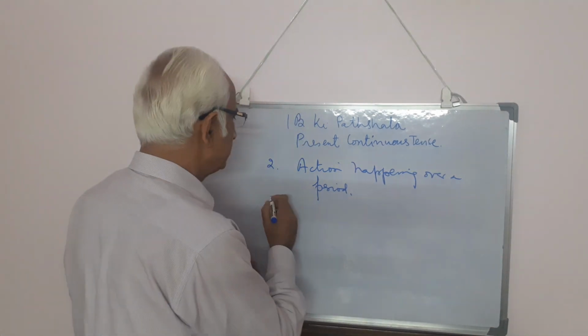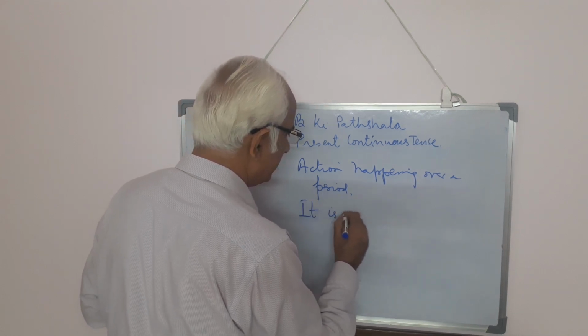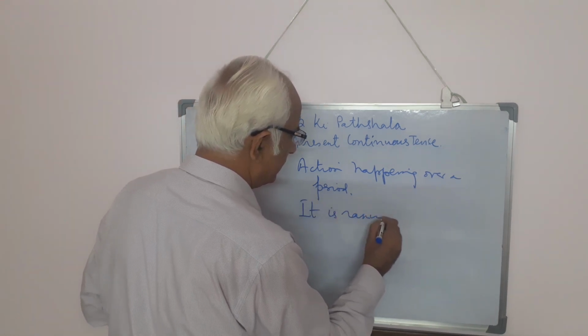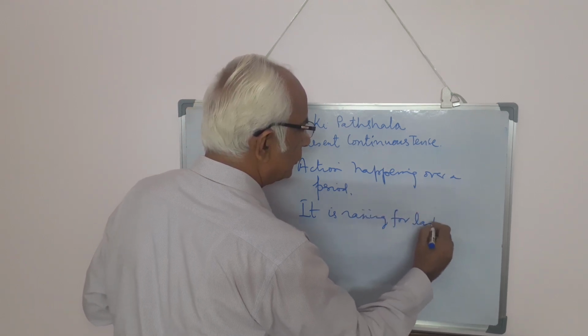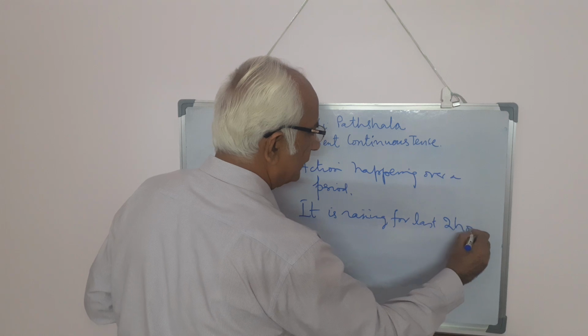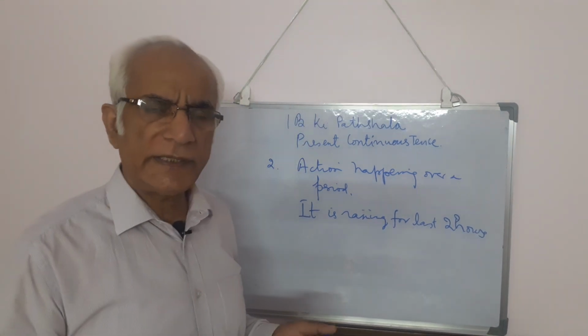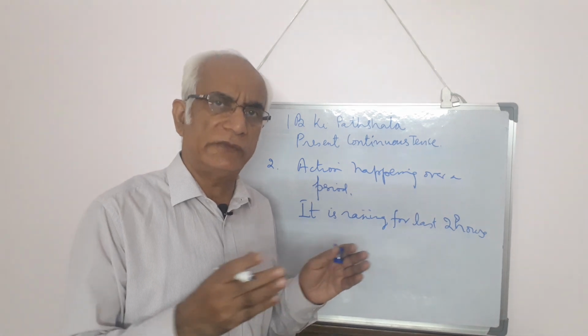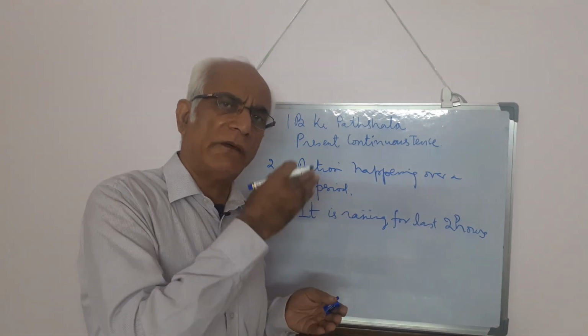For example, it is raining for last 2 hours. That means the rain is falling and it has been raining for 2 hours. This action started about 2 hours earlier.